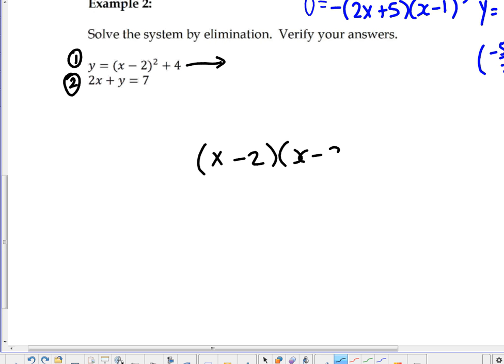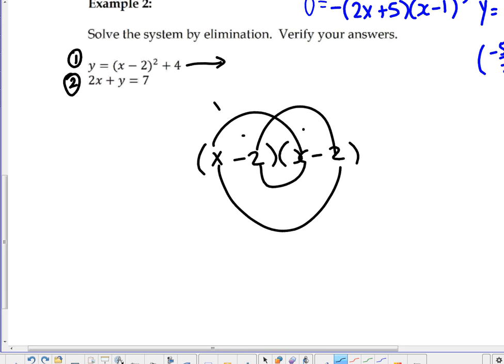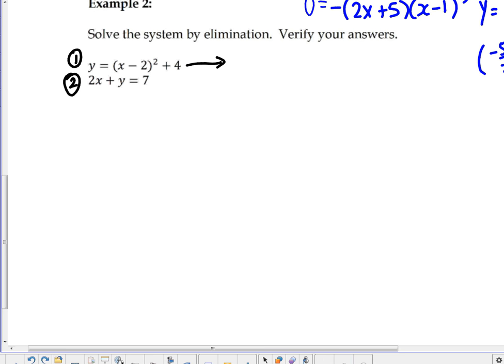You have to multiply these two. You got to multiply those and those. Right? Okay. So we need to FOIL. When do you FOIL x minus 2 squared? It's a perfect square, which gives us y equals x squared.